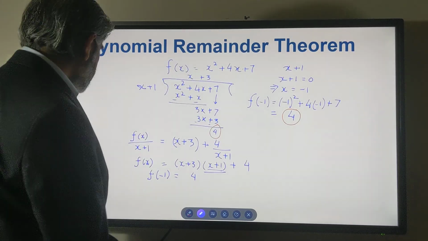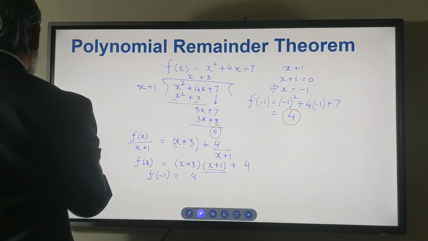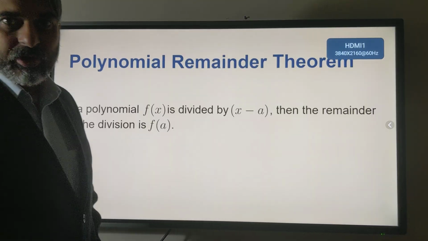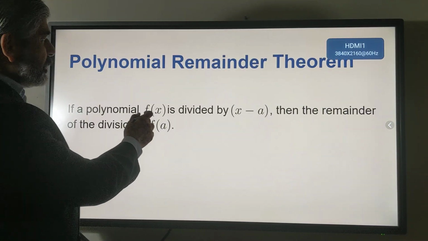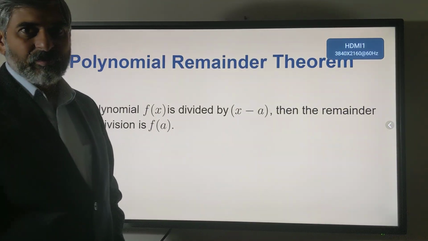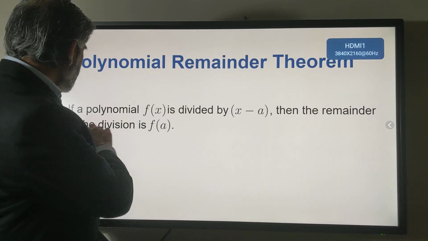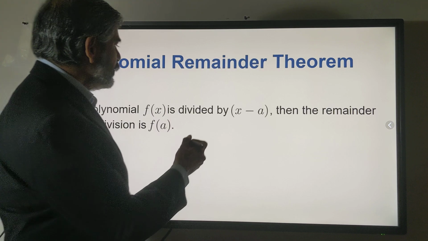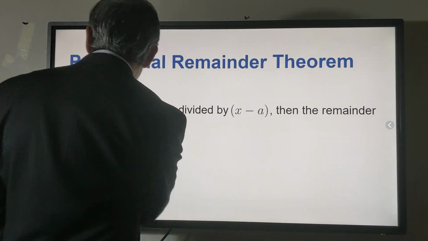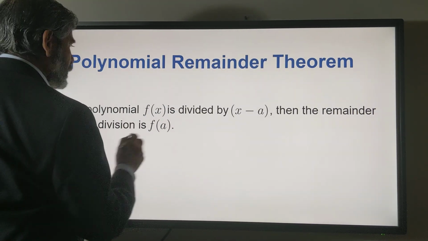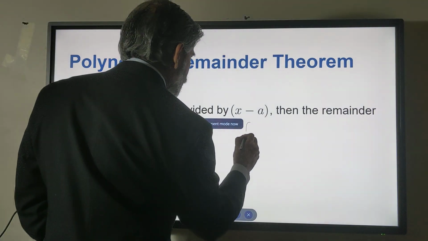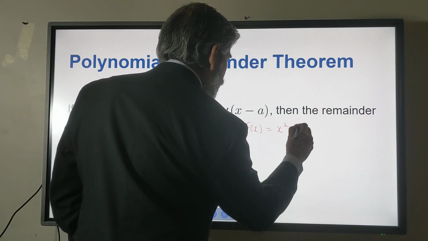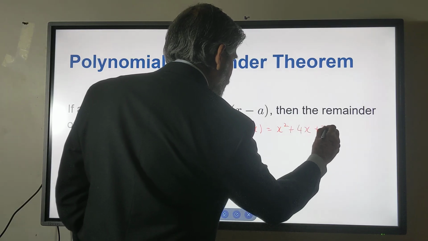So let's see how we formally state this polynomial remainder theorem. If a polynomial f(x) is divided by x minus a, then the remainder of the division is f(a). In the previous example, f(x) was x squared plus 4x plus 7.